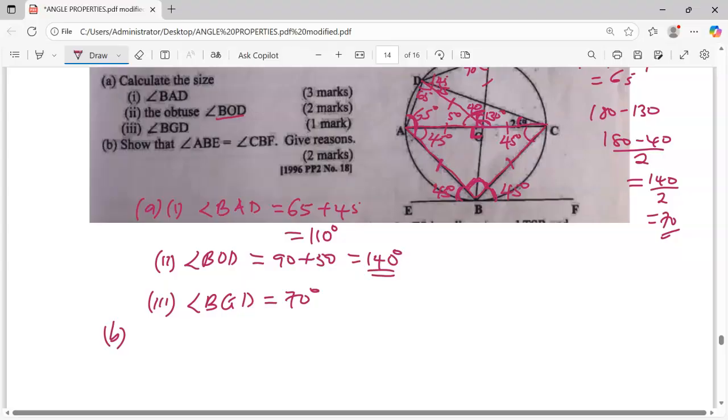Therefore, we know that ABC is going to be equal to 90 degrees. Reason? It is subtended by the diameter on the circumference.